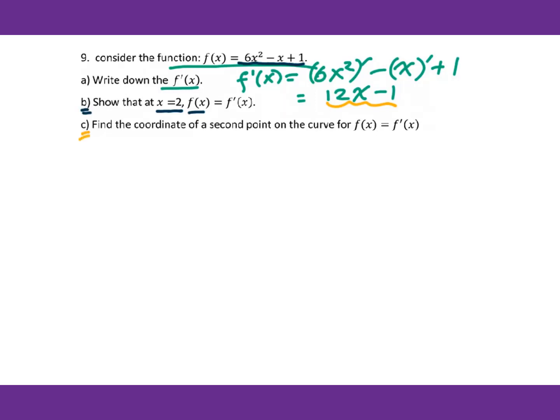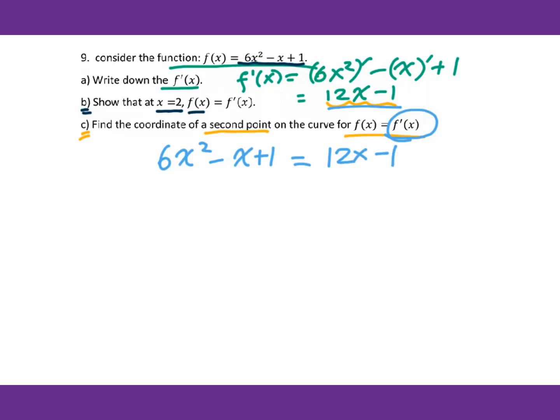For C, find the coordinates of a second point on the curve for which f of x equals f prime of x. F of x equals 6x squared minus x plus 1. F prime of x equals 12x minus 1.